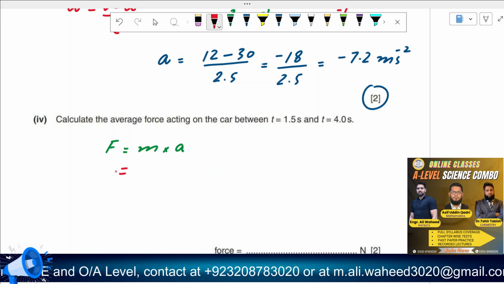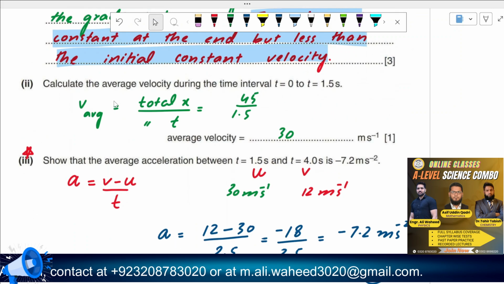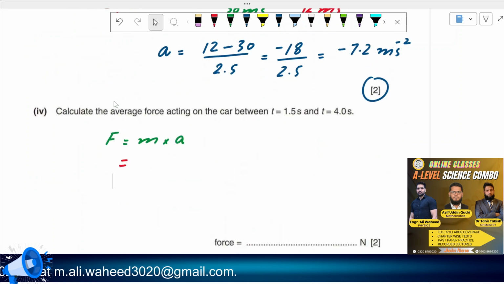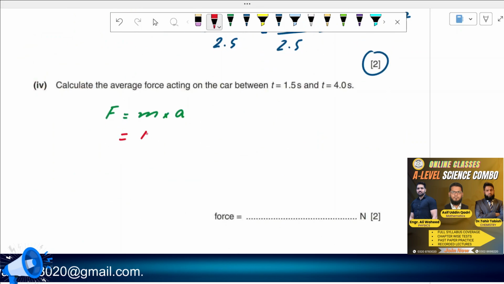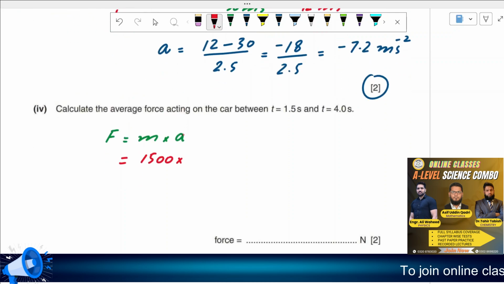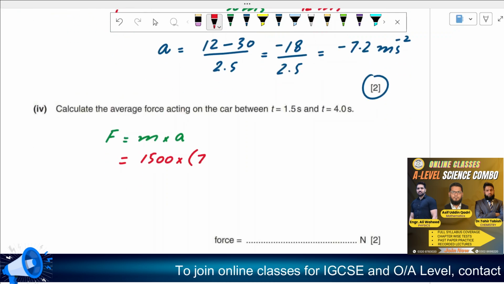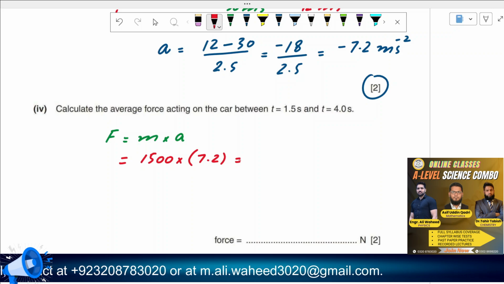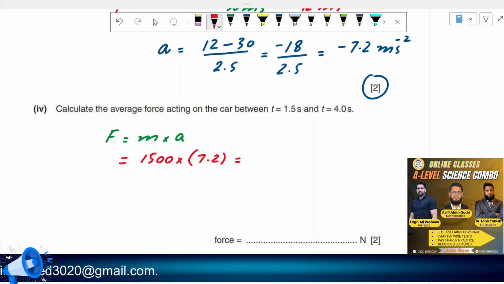So mass was given in the very first line of the question, which is 1500, times the acceleration, 7.2. Here we simply need the magnitude of the force. If you want to insert it with the negative sign, either way the answer is acceptable.